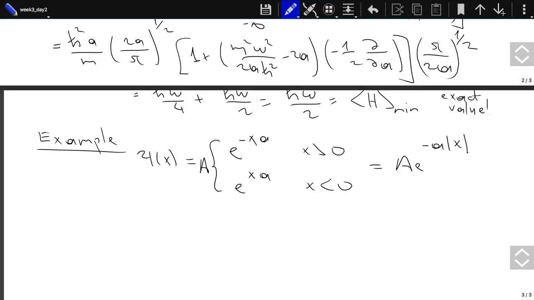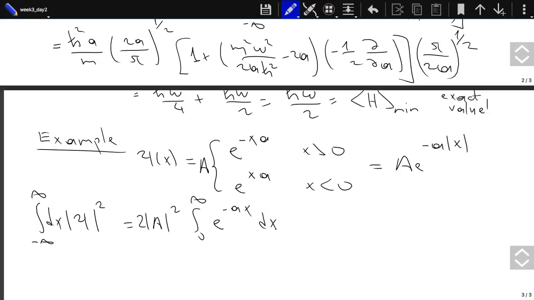First we have to fix the normalization. The integral dx from minus infinity to infinity gives A squared times twice the integral from 0 to infinity of e to the power minus 2ax dx, which is 1 over 2a.